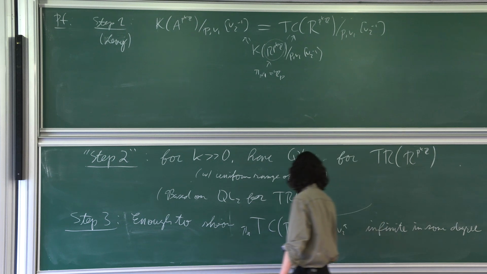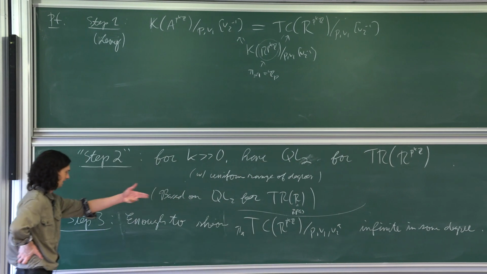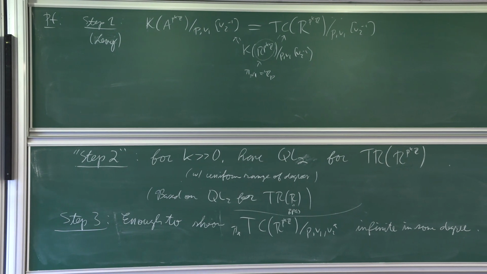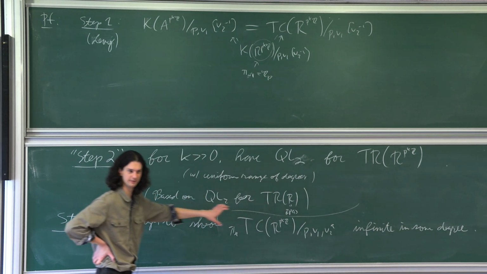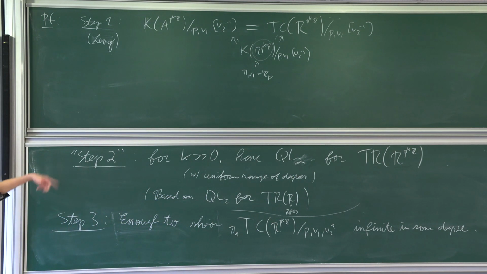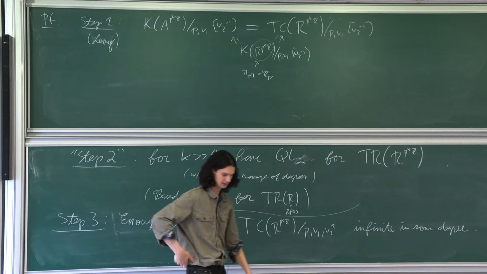So this is using this Quillen-Lichtenbaum property again. So instead of analyzing what happens when you invert V2, now we're reduced to studying something which lives in only a bounded range. If we find infinite homotopy there, then we also find it when you invert V2.